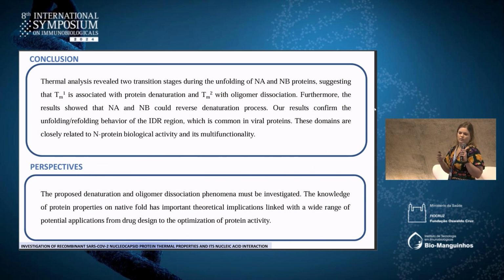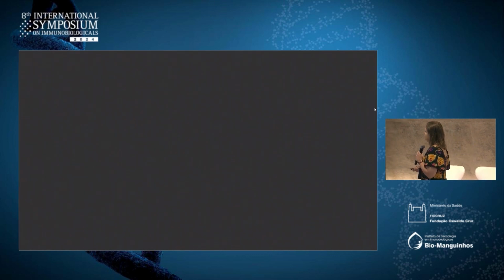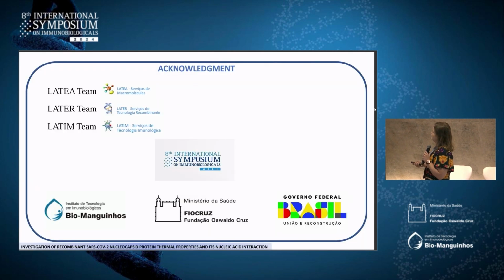These results confirm the unfolding and refolding of these proteins that are very common in viral proteins, and they are related to proteins with the capacity for multiple functions. So we can investigate this phenomenon of dissociation of the oligomers, and it has several implications linked to a wide range of potential applications of the protein.